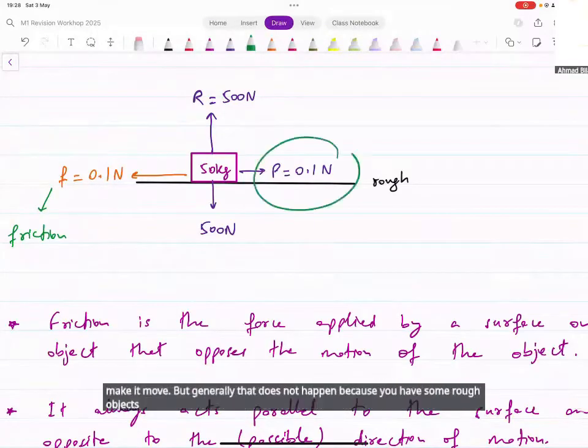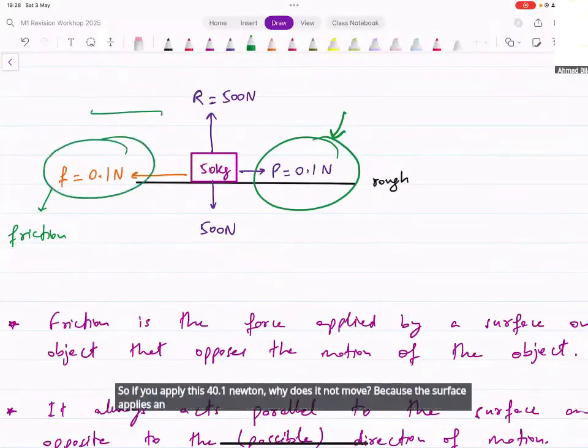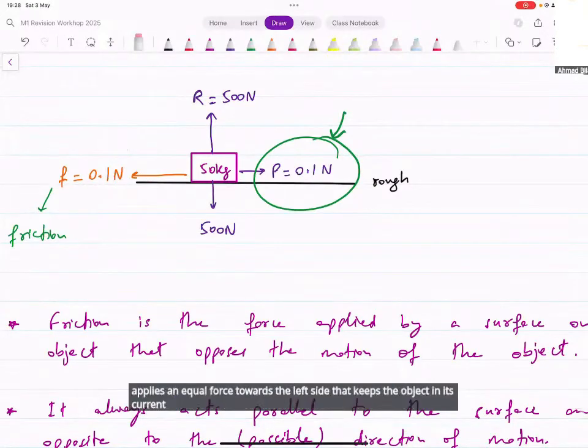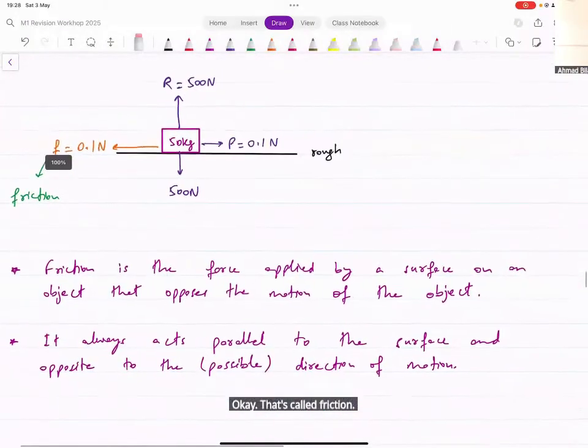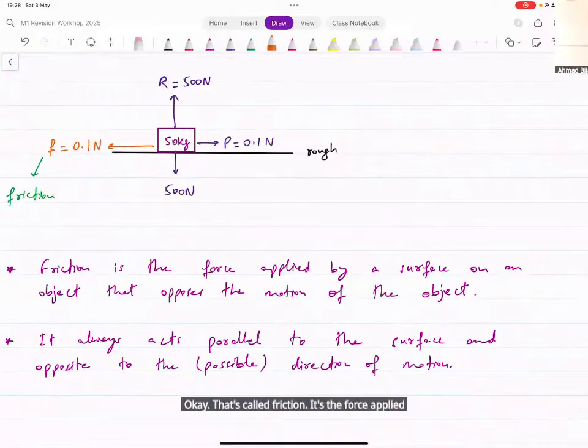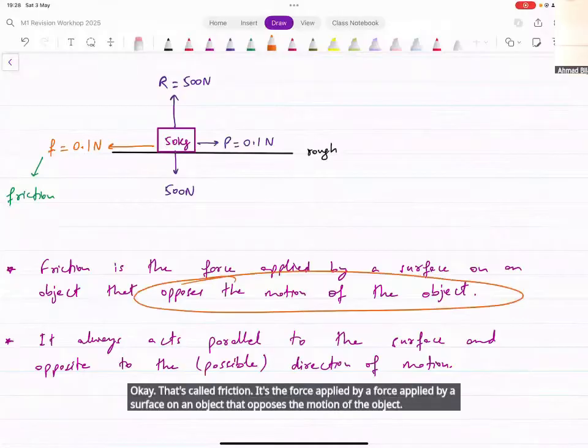So if you apply this force 0.1 Newton, why does it not move? Because the surface applies an equal force towards the left side that keeps the object in its current position and does not let it move. Okay, that's called friction. It's the force applied by a surface on an object that opposes the motion of the object.